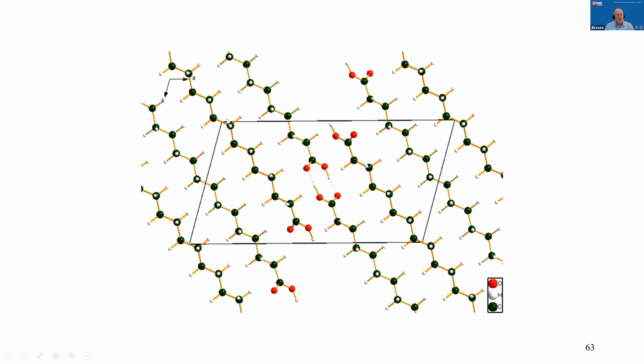I basically broke this bond in the center of the chain, then increased the cell dimension, starting short and then going longer, and then stuck a couple of extra carbon atoms in here, then did a force field minimization, and then did the quantum mechanics, and then did the Rietveld refinement. So I did it backwards from the normal order.